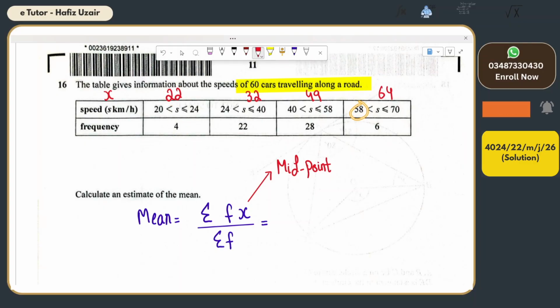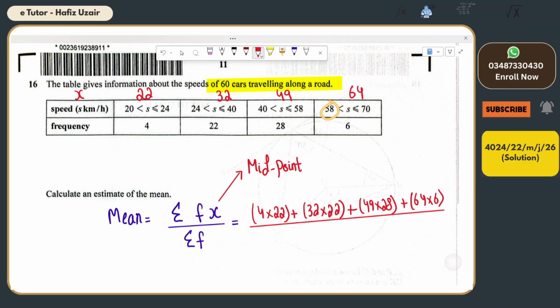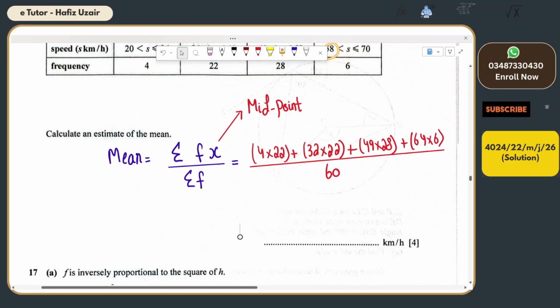So you just do 4 multiplied by 22 plus 32 multiplied by 22 plus 49 multiplied by 28 plus 64 multiplied by 6, over summation f. If you add all these frequencies, you will finally get 60 because it's already mentioned in the question.